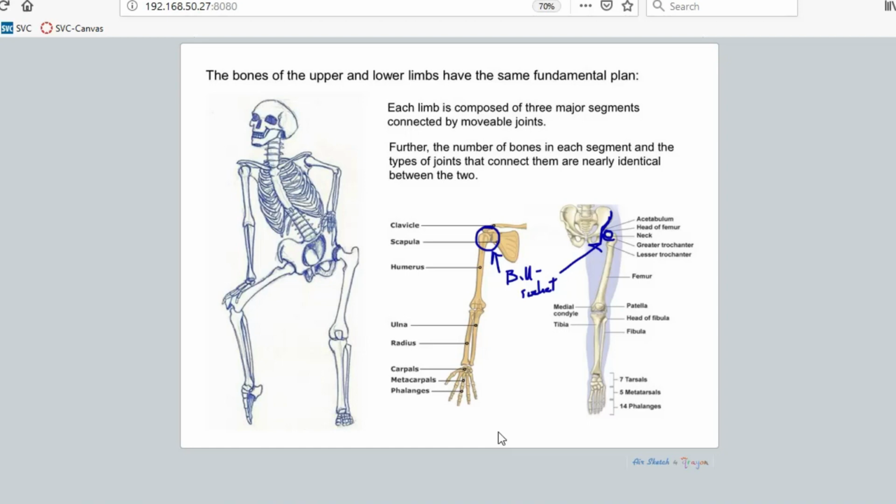Then you get down to the elbow, and that's a hinge joint there. Guess what type of joint you find at the knee? A hinge joint. Then down here at the wrist bones, which are the same type of joints as the ankle bones, and then the same applies to the phalanges as well. And so the fundamental plan, the design plan between the two, is nearly identical.